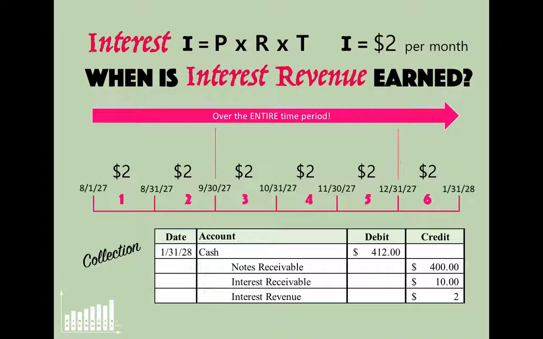Now, when we debit cash for that amount, we can credit the notes receivable for $400. We can get rid of the interest receivable that we had set up, showing how much he owed us up to that point. And then we can record the additional $2 of revenue for January's revenue in 2028.